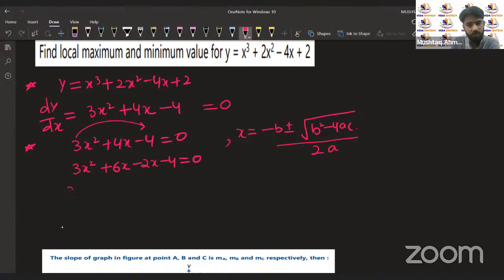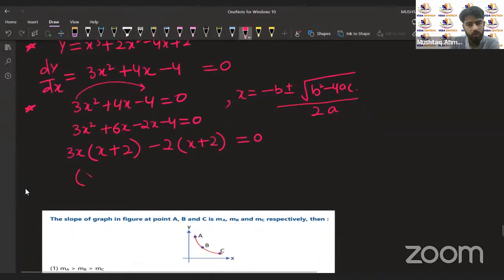From this part we can take 3x as common. It will be x plus 2, and from here we can take minus 2 common, x plus 2, that will be equal to 0. Once again, we take x plus 2 as common, and we are left with 3x minus 2 equal to 0.